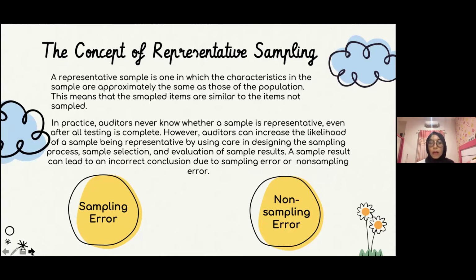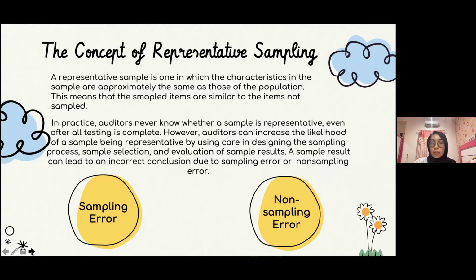In practice, auditors never know whether a sample is representative, even after all testing is complete. However, auditors can increase the likelihood of a sample being representative by using care in designing the sampling process, sample selection, and evaluation of sample results.